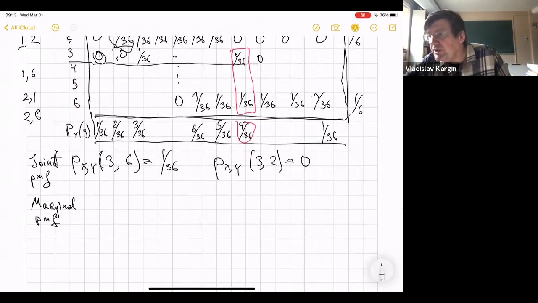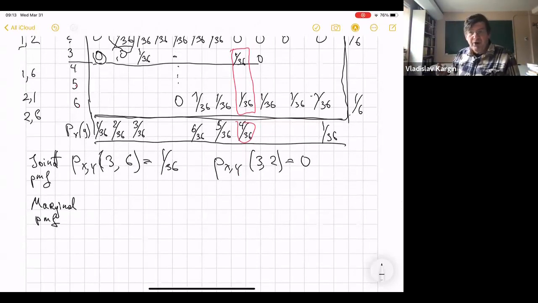Okay, so maybe a couple more examples. We'll introduce another example which we'll use as a standard example for our concepts.